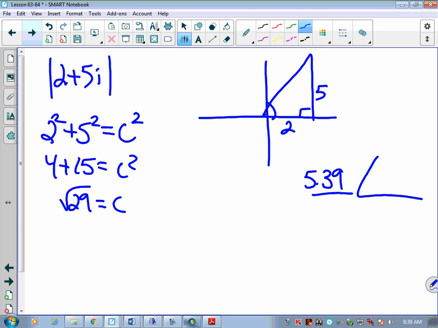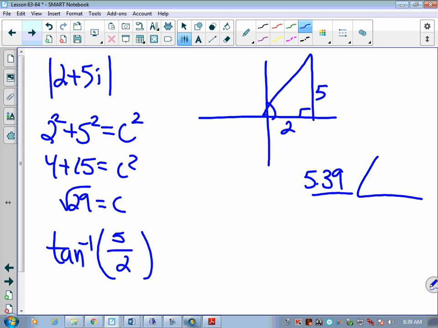All right, and they're going to want the reference angle. But I don't want to use a found number. I want to use specific numbers, the numbers that they're going to give me. So in relation to my reference angle, what trig function would I use? Sine, cosine, or tangent? Tangent, because 5 is opposite, 2 is adjacent. Because we're looking for an angle measure, we're going to use the inverse tan of 5 over 2.